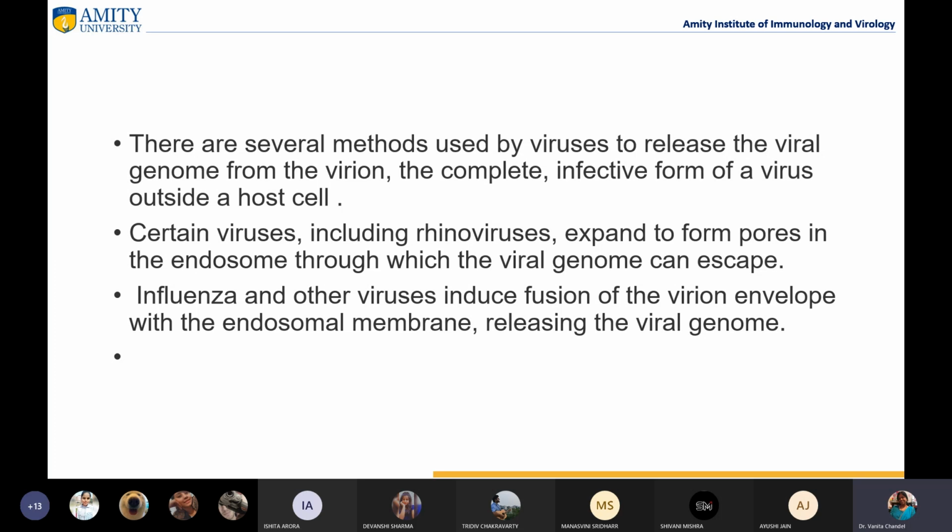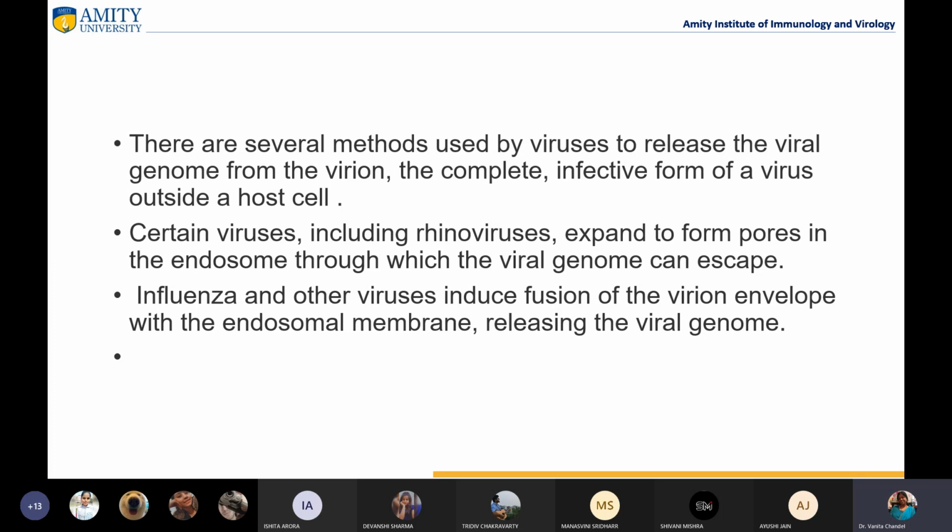Then there are various methods used by different viruses to release the viral genome from the virion, the complete infective form of a virus outside the host cell. Certain viruses such as rhinoviruses expand to form pores in the endosome through which the viral genome can escape.